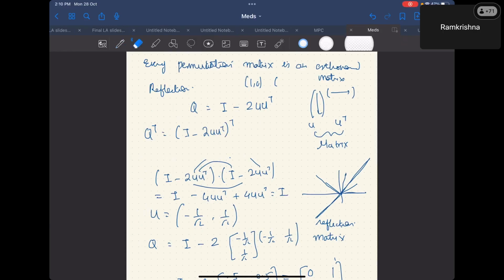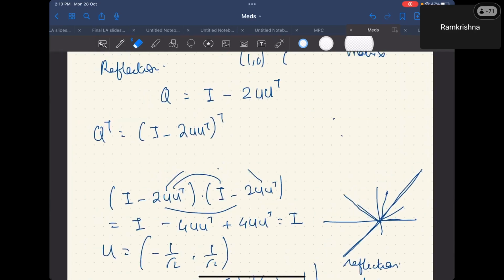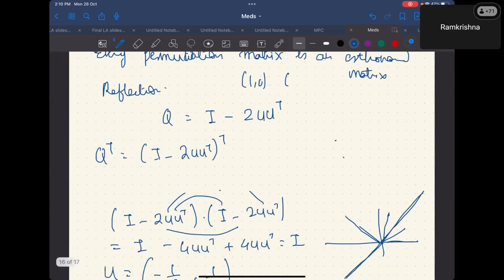Okay, we'll use two properties here. I'll erase this for a while, make it a little bigger. A plus B transpose is A transpose plus B transpose. Similarly, if I have two matrices, C times D, this will be D transpose, C transpose. The first term here, I have I. So I transpose will be I minus 2. 2 is just a number.